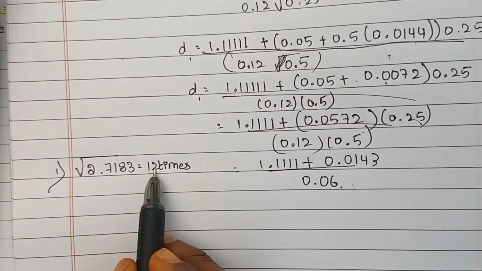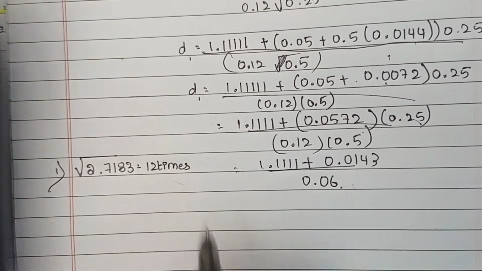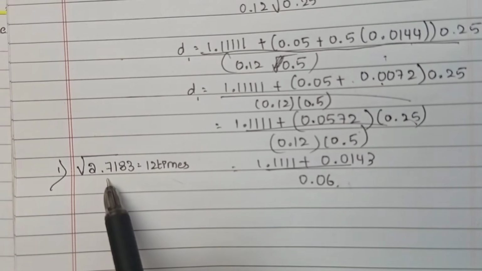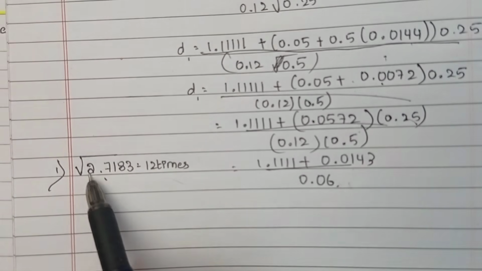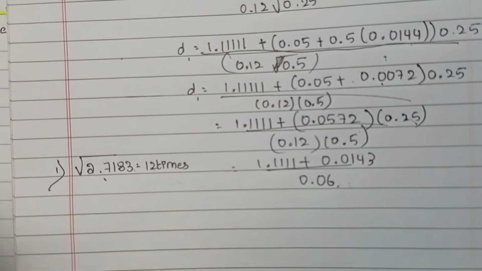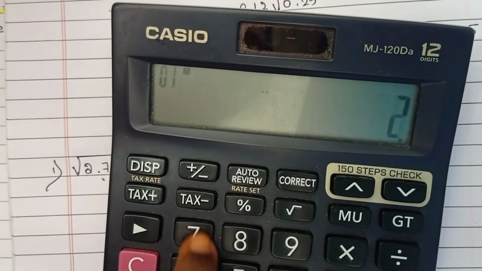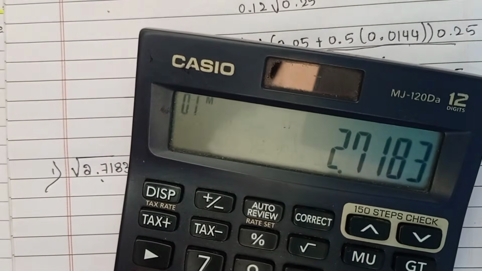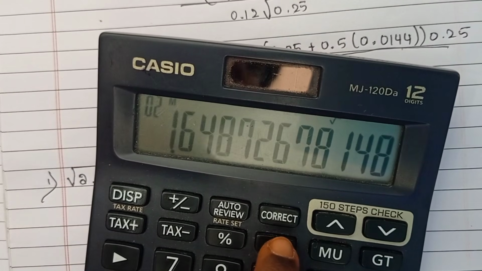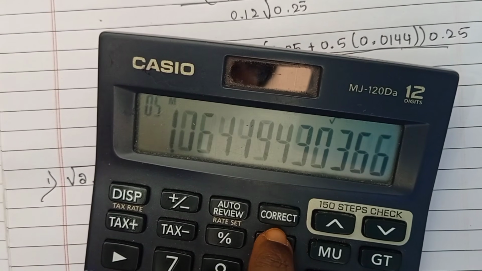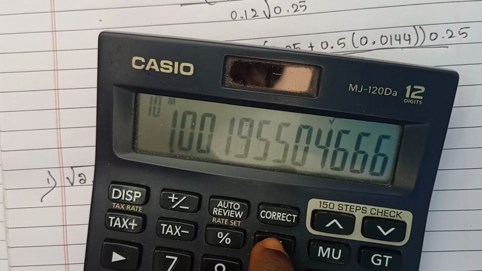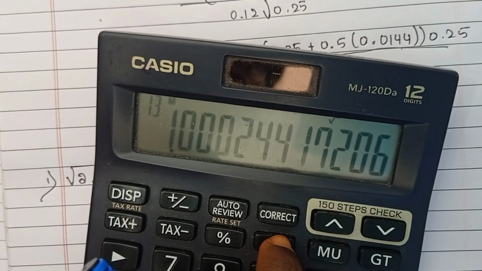We have to do the square root 12 times. You should not expect that they will give this number, no, you have to write it. So 2.7183, we have to do the square root 12 times. Okay, 1 2 3 4 5 6 7 8 9 10 11 12.